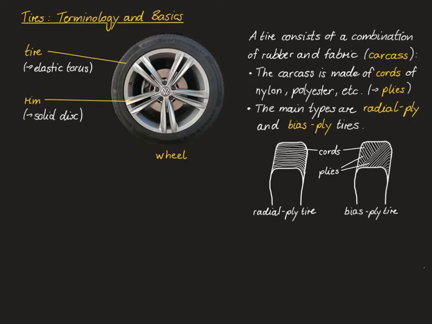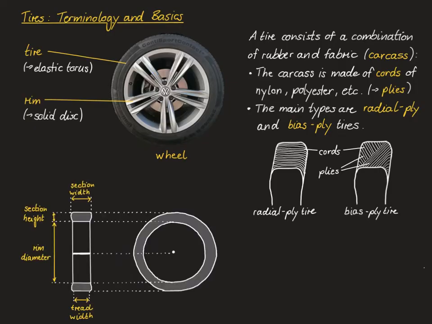Now let's look at some further terminology regarding the dimensions of a wheel. To this end, a wheel has been drawn from the front perspective and the side perspective. Note that you can find the most important dimensions also stated on the tire. They are expressed in what's called a tire code.